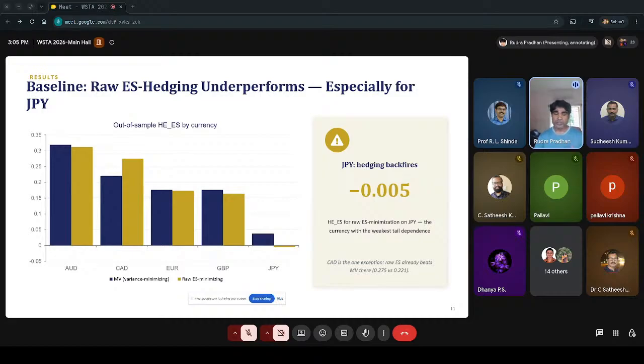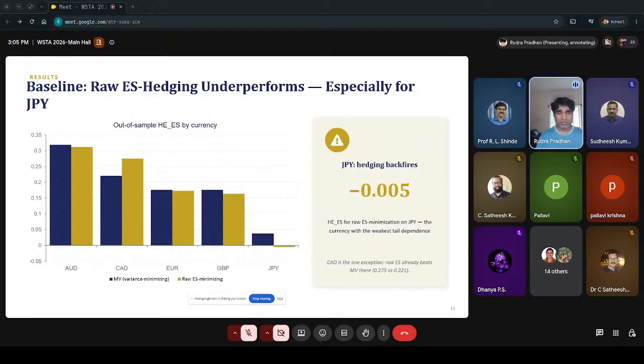Right? So on the other side, CAD is the one exception where raw ES already beats MBT. That means technically, if you look into these 5 different scenarios with 5 different currencies, the Canadian currency is the only scenario where the yellow bar is overtaking the blue bar.